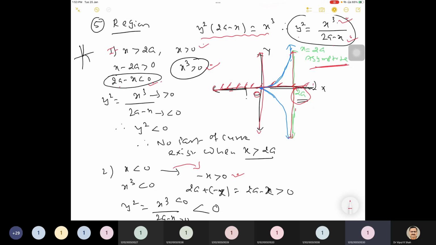So can you write 2a minus x is also greater than 0? Yes. That means 2a minus x is positive. So now y square equal to x cube upon 2a minus x: this is negative and this part is positive. So total is negative. That means no part of curve exists when x is less than 0. When x is greater than 2a, no part of curve exists. That means curve exists only in between these two. Understand?